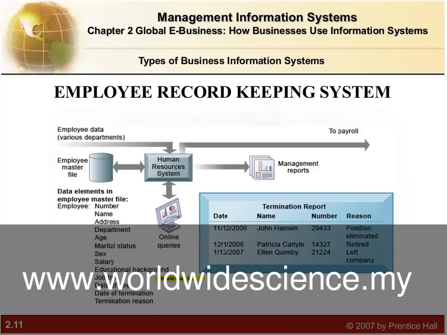For example, one position was eliminated, one retired, and Ellen Quimby left the company. It's a management report. This system also deals with the payroll and different kinds of employee data. So it's an example of human resource systems.